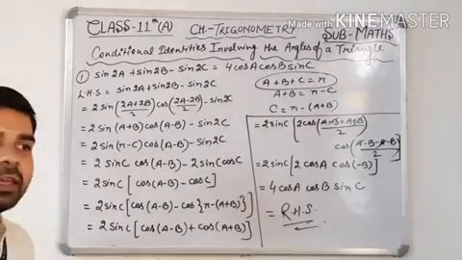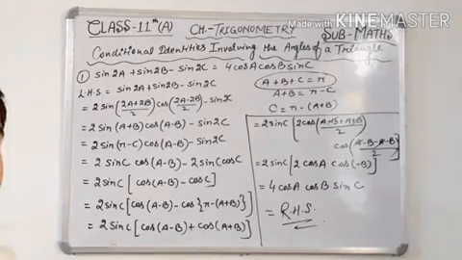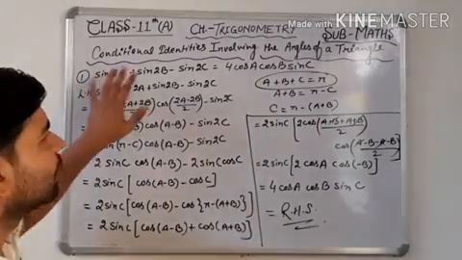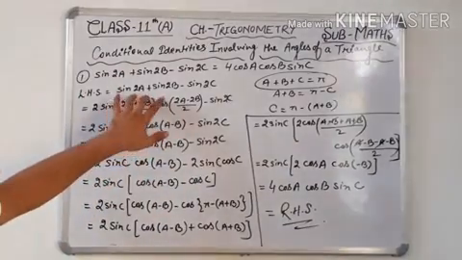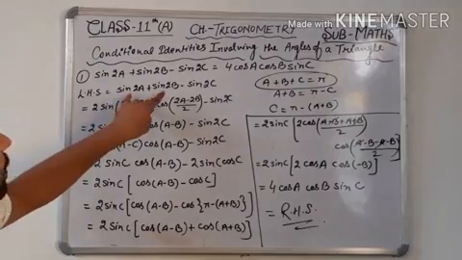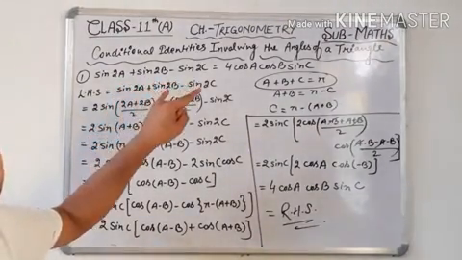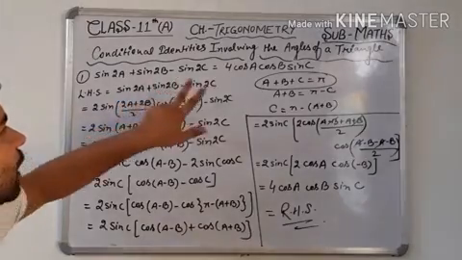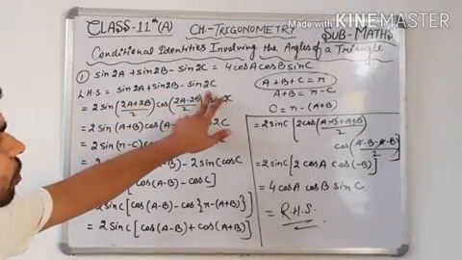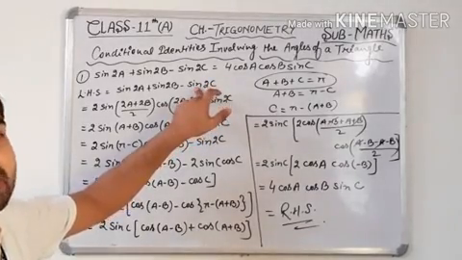So in this way, a similar method, a similar procedure, you have to apply in all the questions of sine and cos. First you have to apply sin c plus sin d, sin c minus sin d, cos c plus cos d, cos c minus cos d according to the question in the first 2 terms, and the third term you have to open by the identity sin 2x or cos 2x.